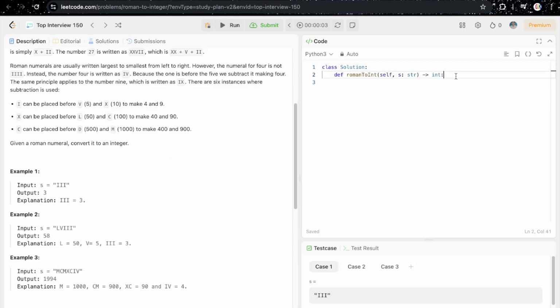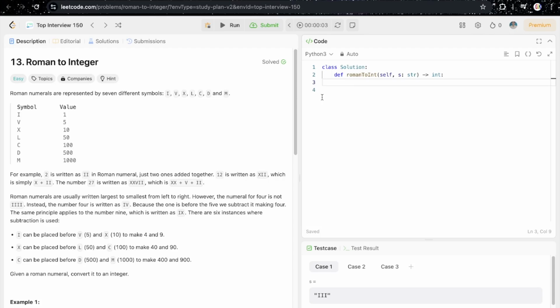Just traverse the string at first, and we will store its value in a map, for all the integral values from I to M. I take a map here.